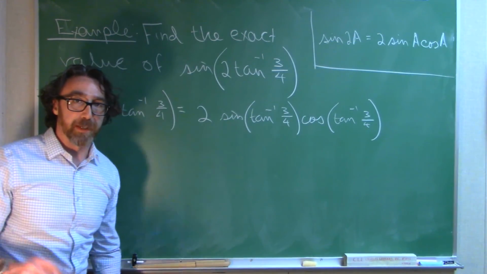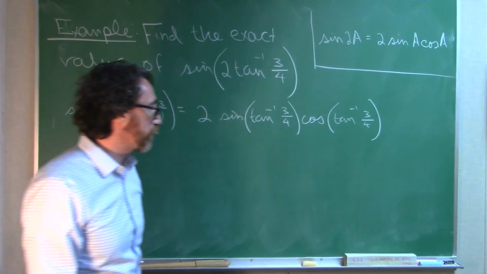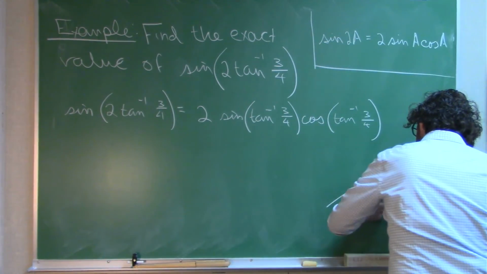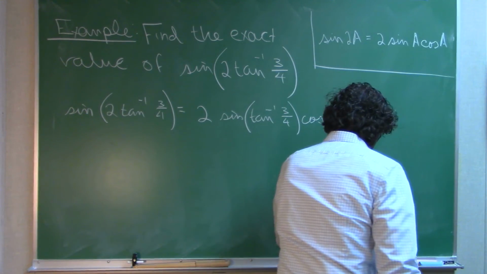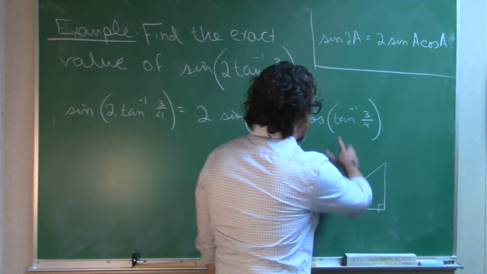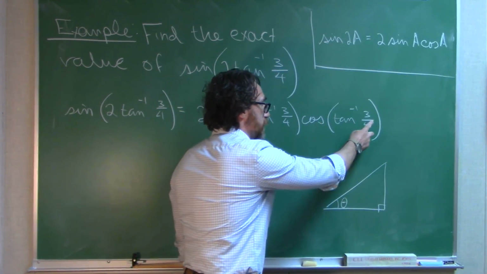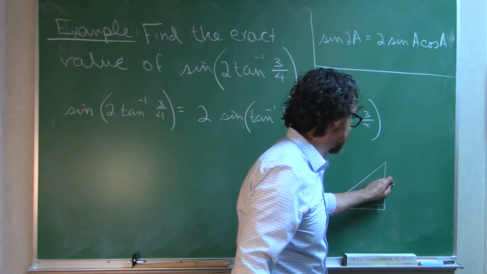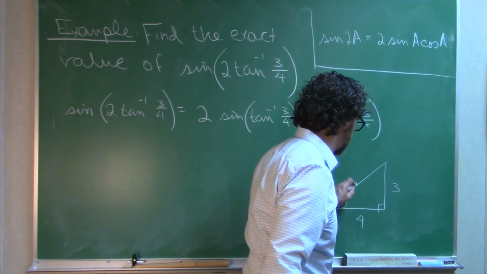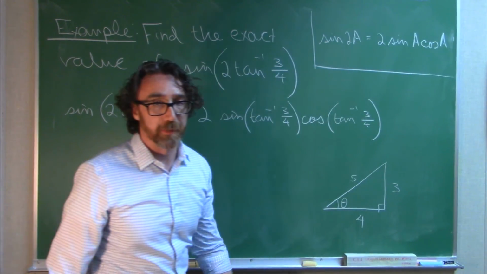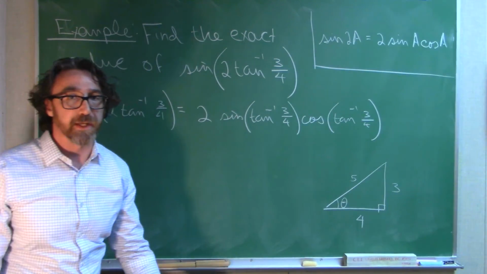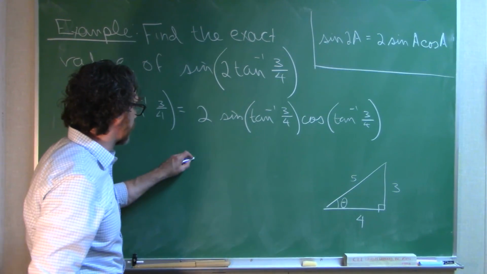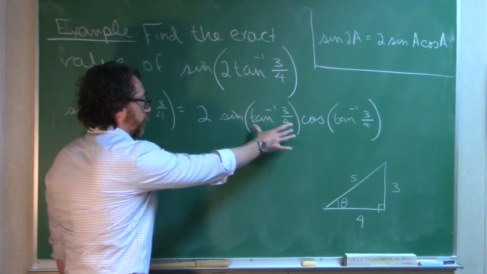All right, so thinking about what tan inverse of 3/4 is, well, it's an angle theta. And what do I know about this angle? Well, I know the tangent of that angle is 3/4. So opposite over adjacent. Use the Pythagorean theorem to figure out the hypotenuse has to be length 5. All right, so we've got expressions for these things now. What's the sine of this angle?